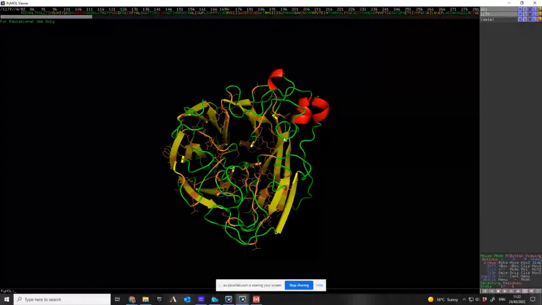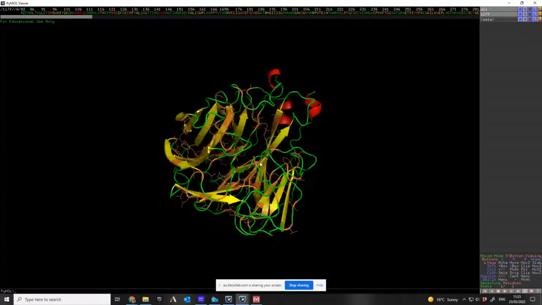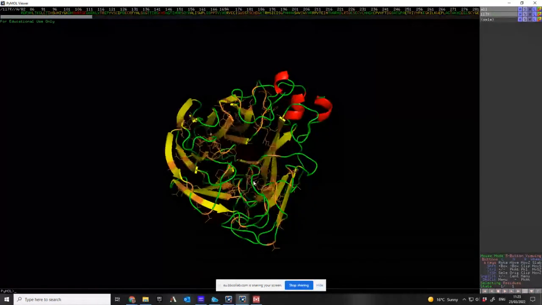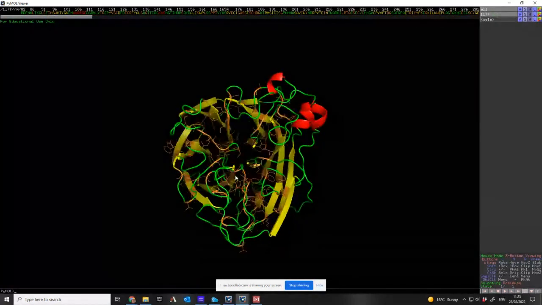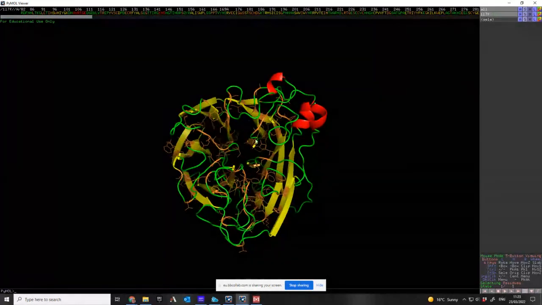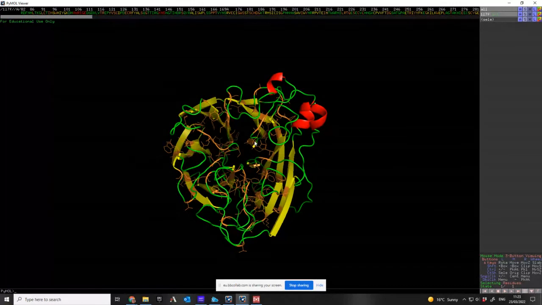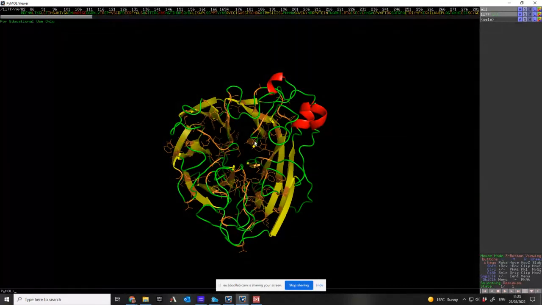So all of these beta sheets are arranged around a central core, and there's a little bit of alpha helix on the side. For the hemagglutinin, it's a lot more interesting as a structure, because what you've got is something that looks a bit like a pin. So it has a head at the top of it, and it has a long stalk, which is the thing that fixes it to the outside of the virus.